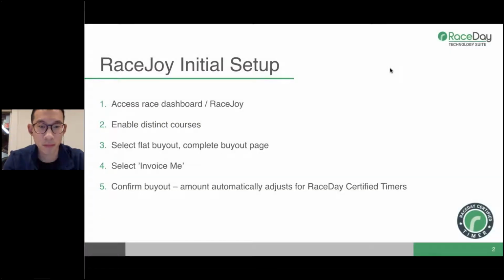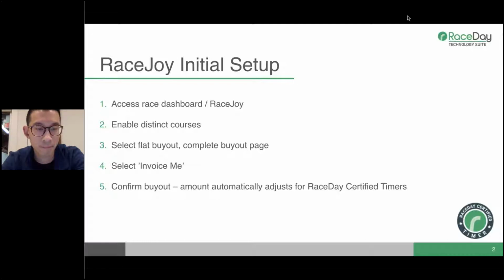As a refresher, we're going to first talk about enabling RaceJoy for your event. You access RaceJoy from your race dashboard, and you simply follow the steps shown under setup. You first select the different course path options that you will be building your maps for. You will select flat buyout. You will enter the approximate number of participants, and then you will enter your Race Day certified person and email address for the invoice me option.